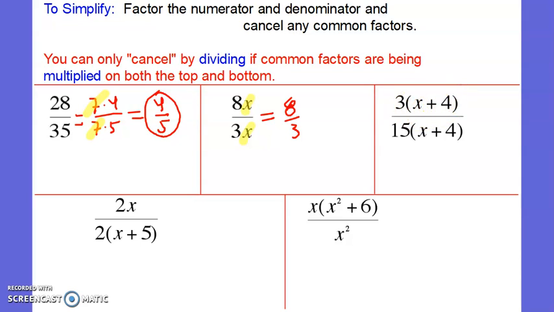If x plus 4 is multiplied by 3, and x plus 4, note the quantity, is multiplied by 15, then I can eliminate the entire quantity. And also we'd want to note that 3 over 15 has a 3 in common. So again, I can actually call that 1/5. I would divide a 3 out of both parts, as well as divide away those x plus 4s, and we'd end up with 1/5.